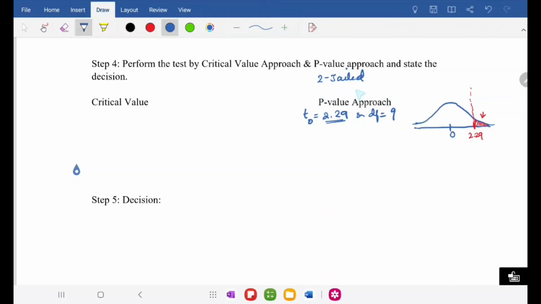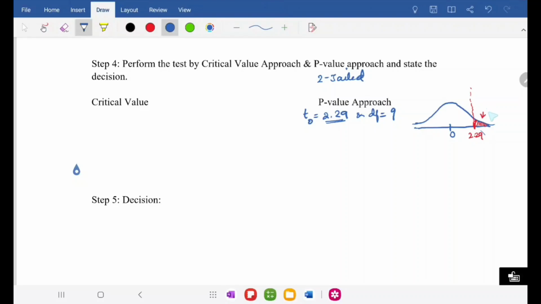If it's a two-tailed test, then find the area to the right. In this case, because 2.29 is on the right-hand side of the curve, find the area to the right-hand side of that value, and then you have to multiply it by 2.